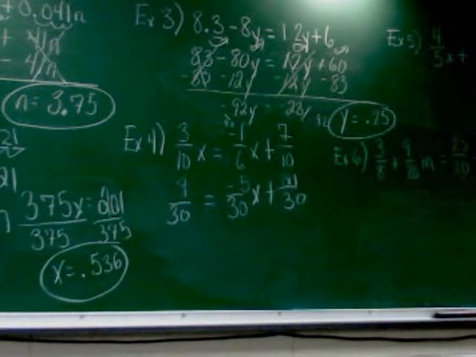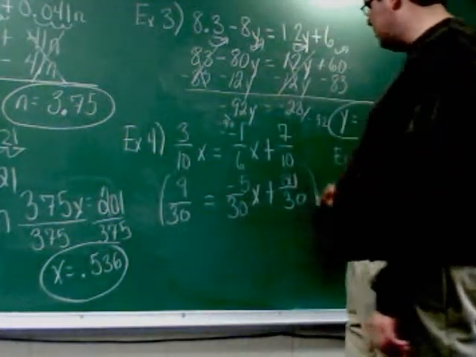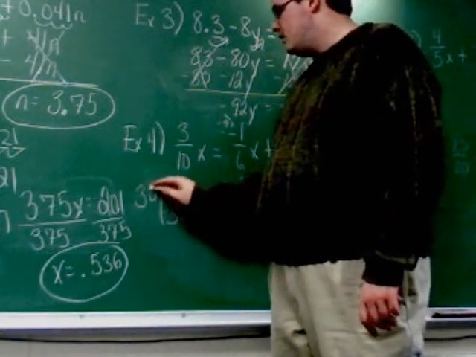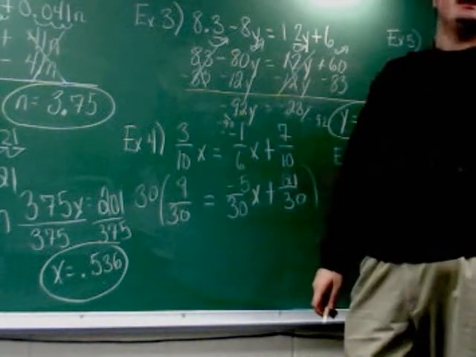Okay. Now, here's the beautiful part. Here's the part where the fractions go away. Now just multiply the whole thing by the denominator. So I'm going to multiply the whole thing by 30. Here's what that does. All the denominators cancel out.